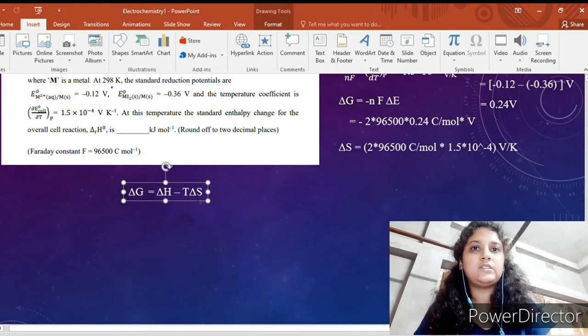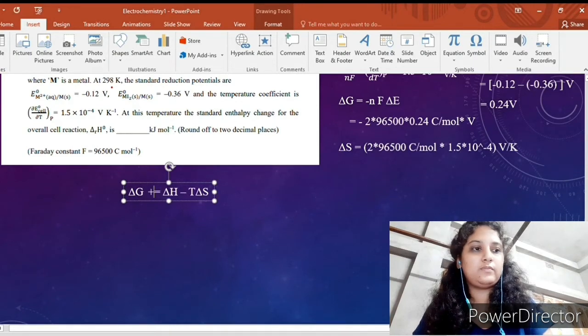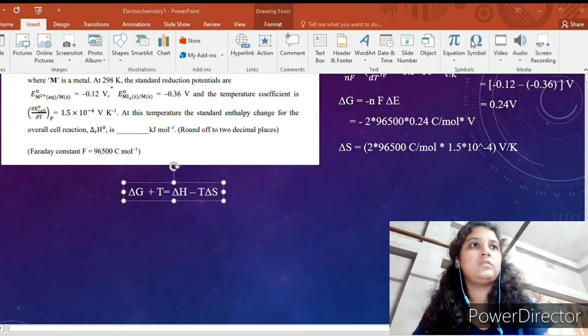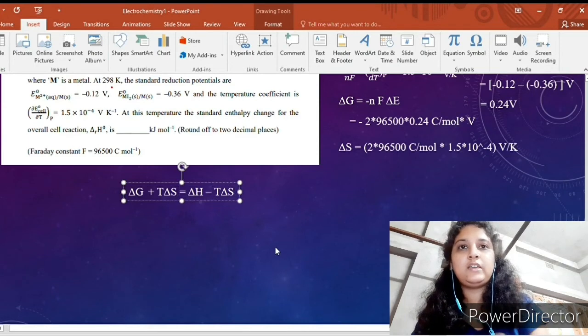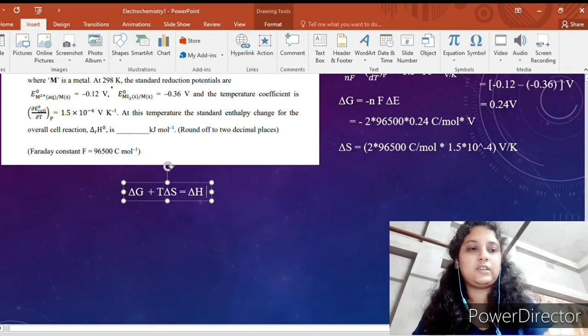From this you can get that del H is equal to del G plus T into del S, and the value of T is also given, that is 298 Kelvin.